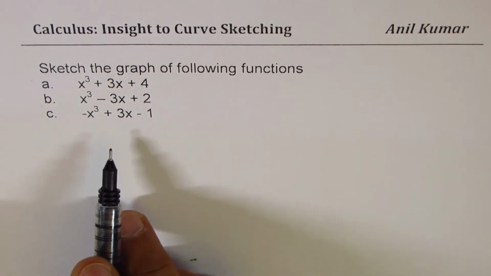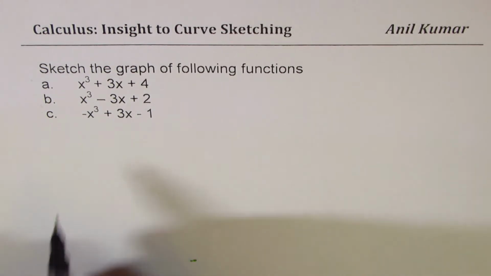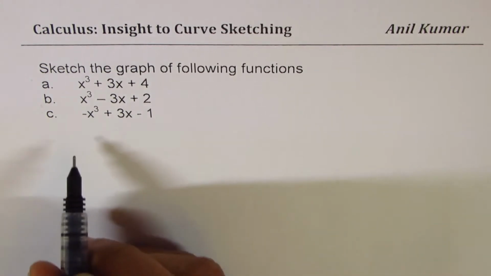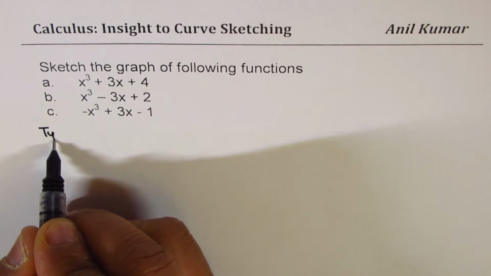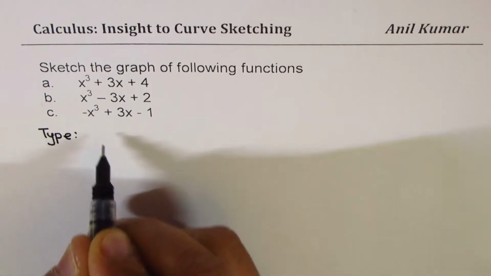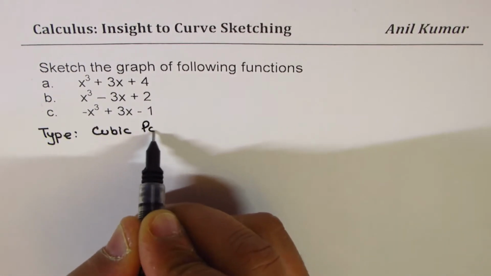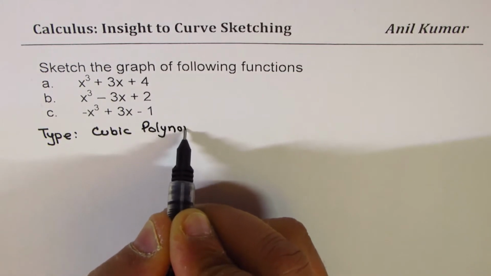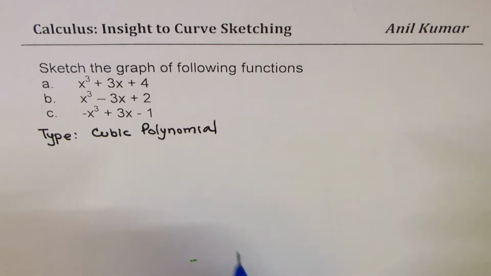Now, before we really get into details, what are the basic things which we should be looking into? First thing you should be concerned about is the type of function. Here we know the type of function is a cubic polynomial. When we know it is a cubic polynomial function, we actually know a lot of characteristics.